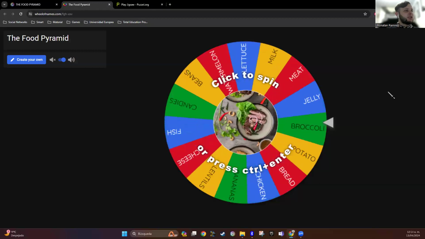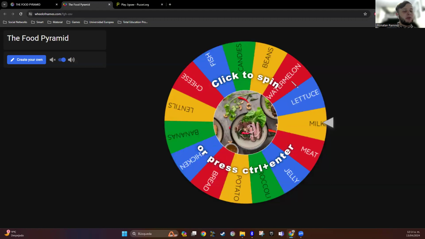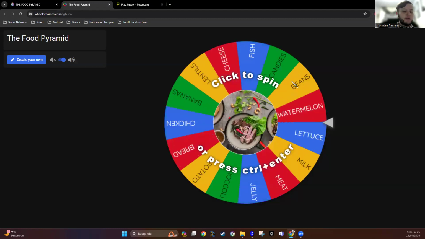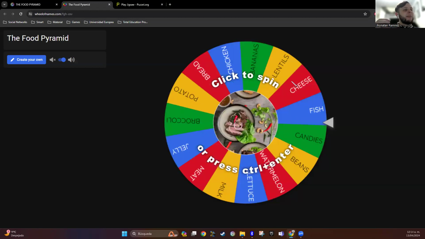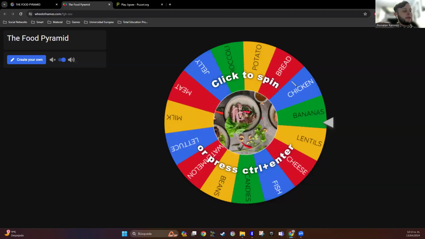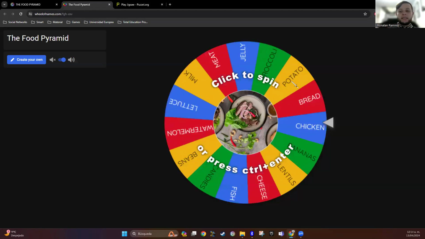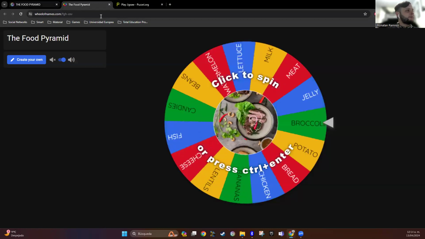Yeah, for example, if the student has lettuce or watermelon, the students are going to choose if that food is nutritious. For example, if that meal is a vitamin, a protein, etc., okay.